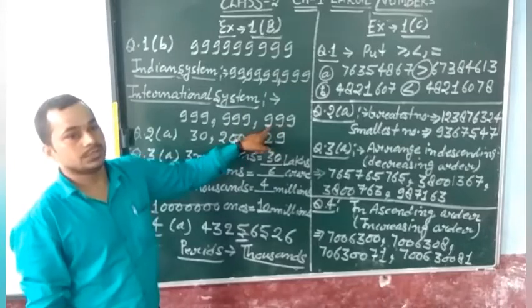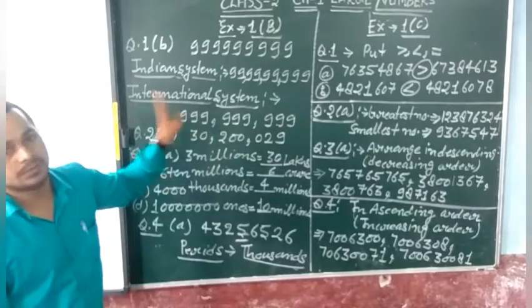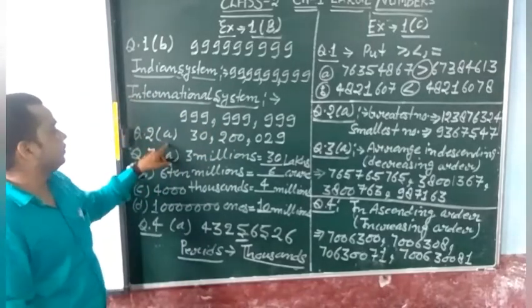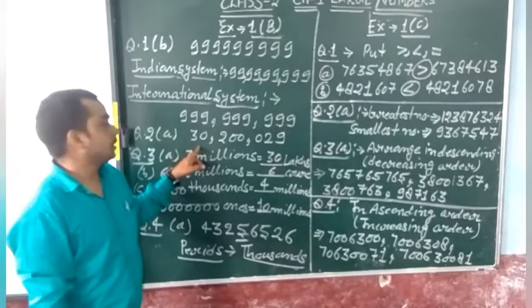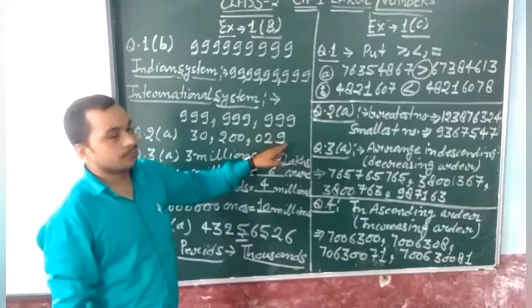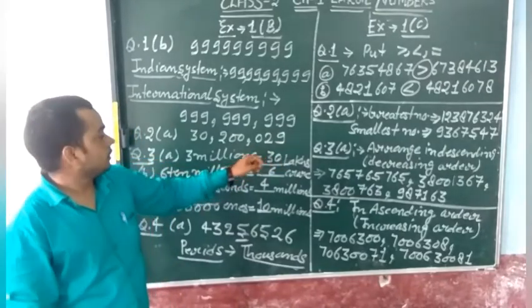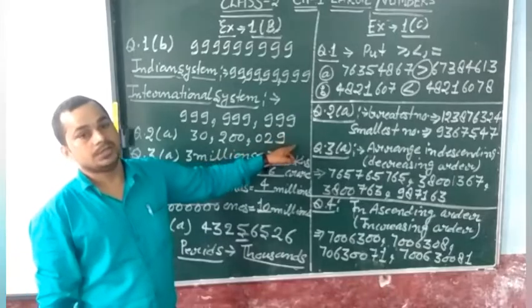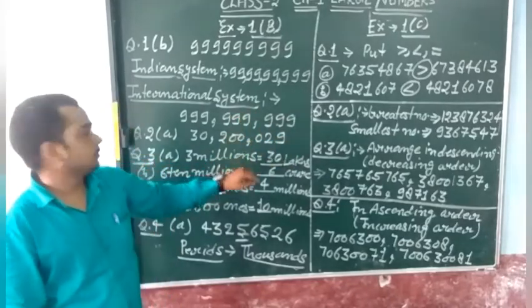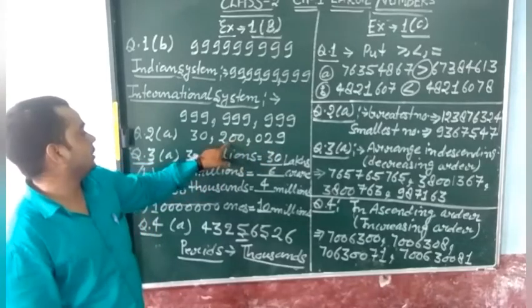So 1, 2, 3, then insert a comma, then 1, 2, 3, again insert a comma. That is the international system. Question number 2: insert commas according to the international system. Again, we know that in the international system we insert a comma after every 3 digits on the right side. So 1, 2, 3, then comma, 1, 2, 3, then comma.